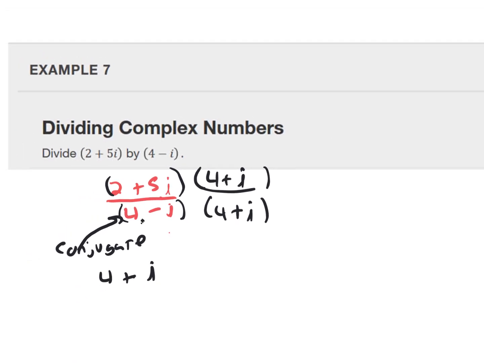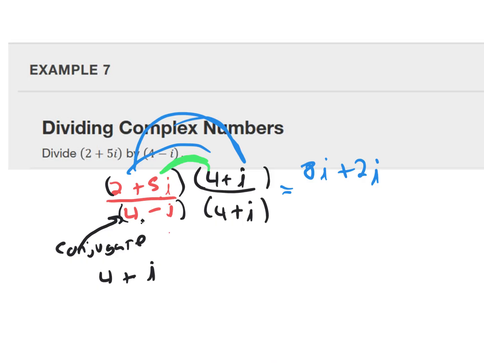So to do the top, I do first times first, 8i. I do the outers, 2 times an i, 2i. To do the inside, I do 5i times 4i.